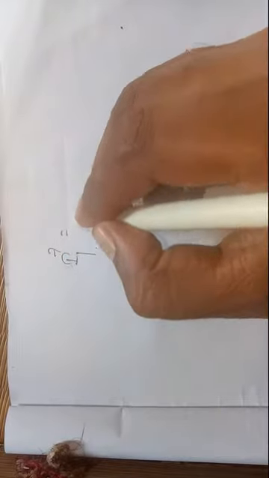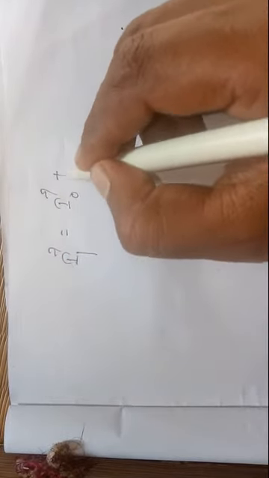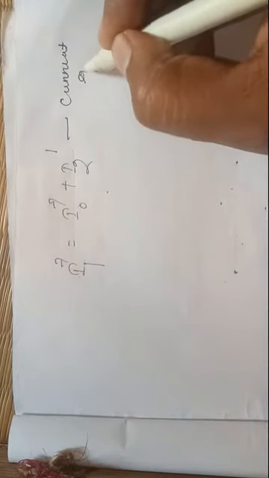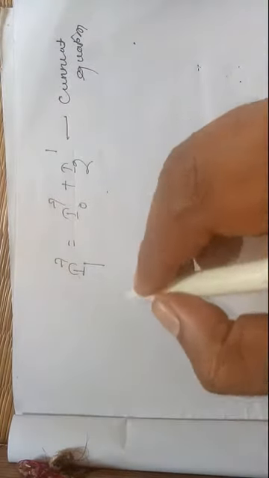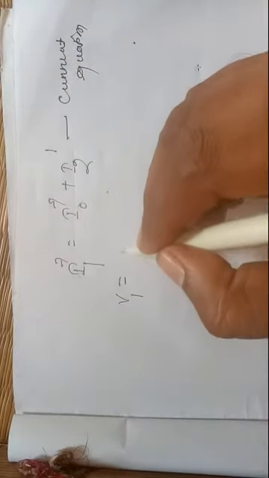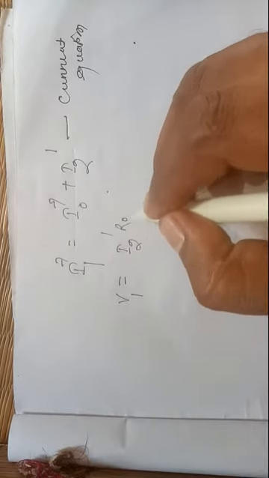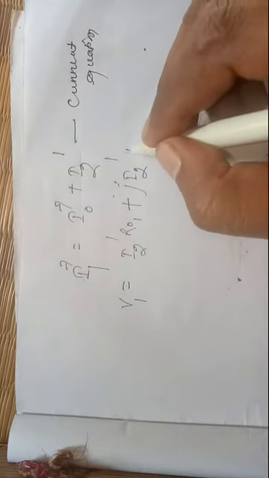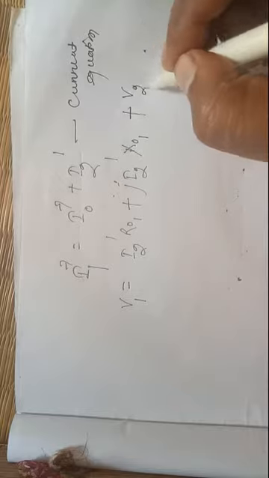Okay, so by using these two equations, the current equation and the voltage equation, we will plot the phasor diagram. Just look at how we can plot the phasor. So writing the current equation and voltage equation once again: I1 is equal to I0 plus I2 dash, this is your current equation, and the voltage equation, input voltage V1 is equal to I2 dash R01 plus jI2 dash X01 plus V2 dash.